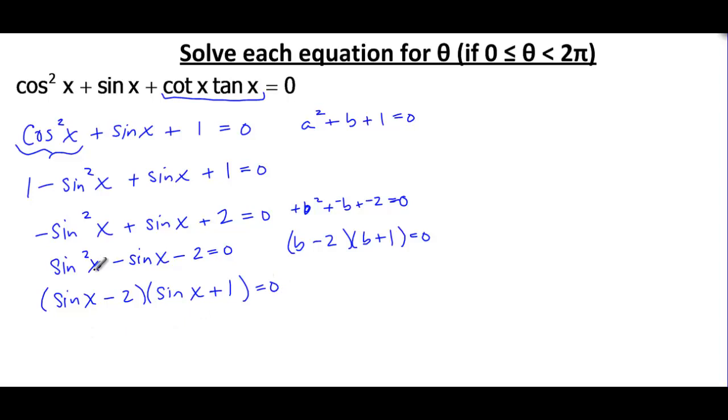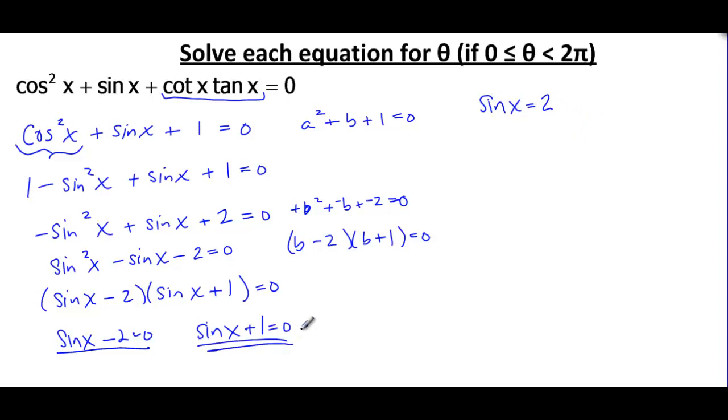So I'm going to set each part equal to 0. Sine of x minus 2 equals 0, and sine of x plus 1 equals 0. All right, so let's think of these separately. If I work on the first one, that's going to give me sine of x equals a positive 2.